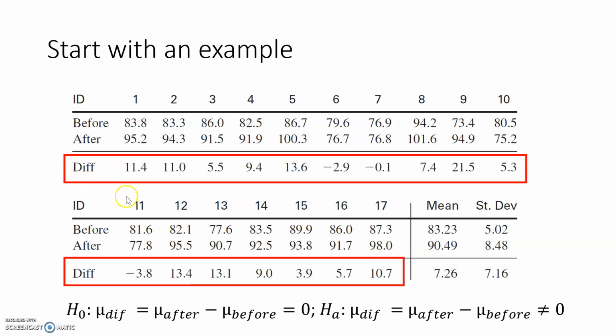Okay. So here we can see the difference. The first person has an increase of 11.4 units, and the second person has an increase of 11 points. The third person has a 5.5 increase.